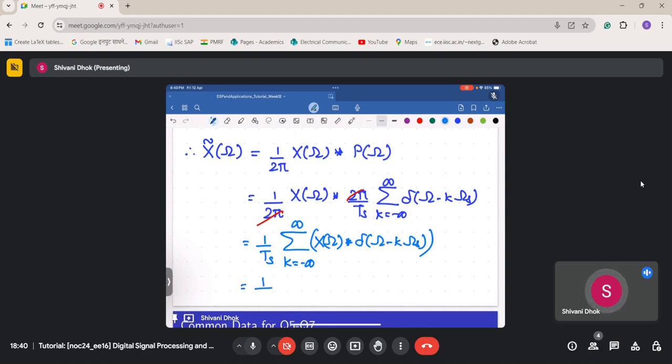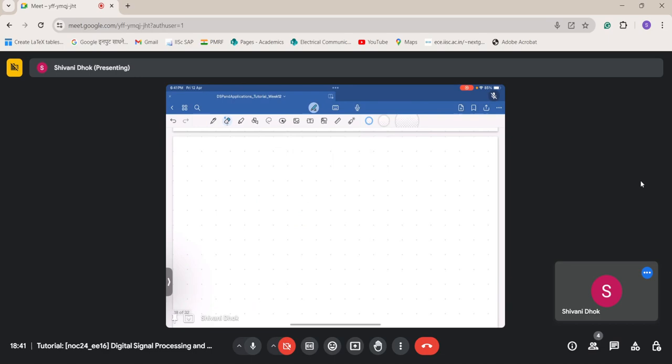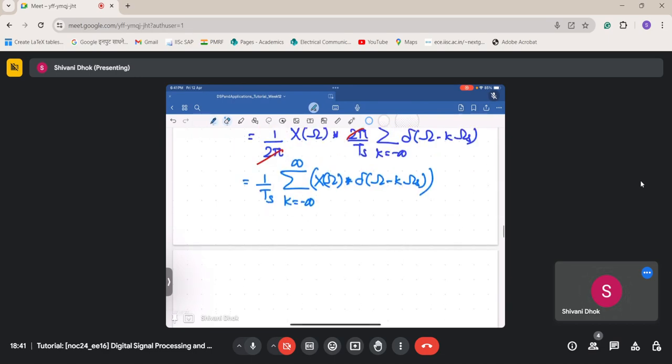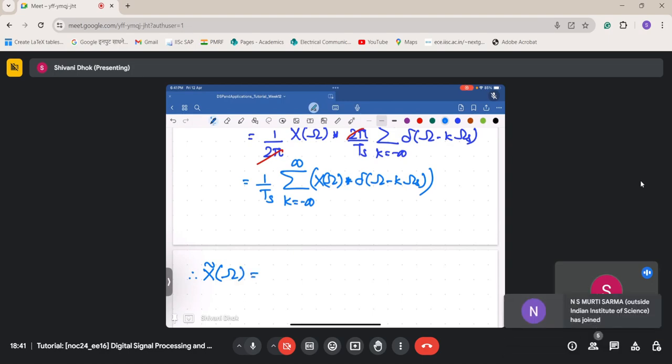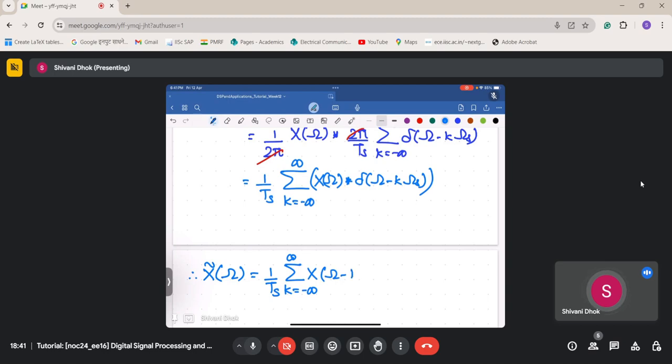So this comes out to be equal to 1 by Ts into summation. Let me just add a new page, too much crowded here. So therefore x tilde omega is equal to 1 by Ts into summation k running from minus infinity to infinity x of omega minus k times omega s.